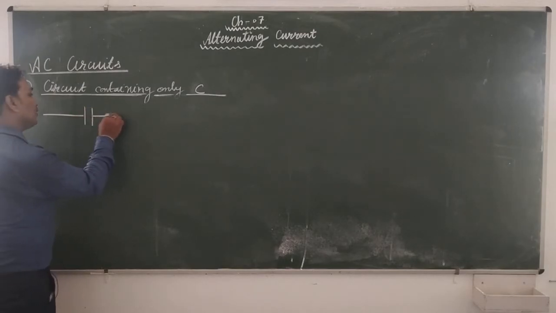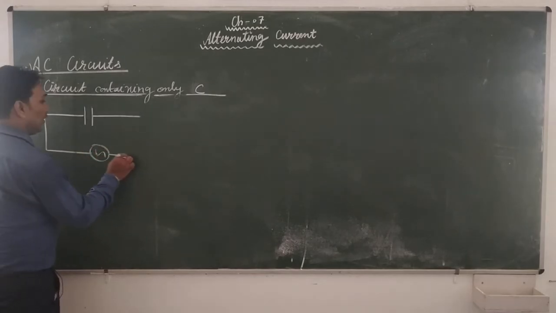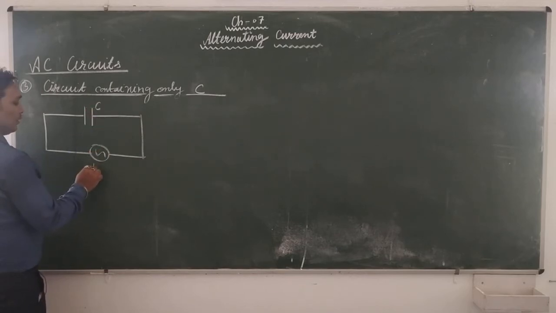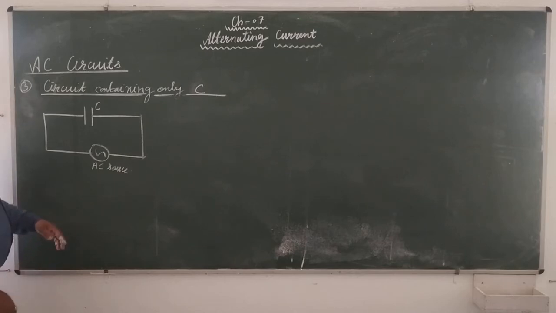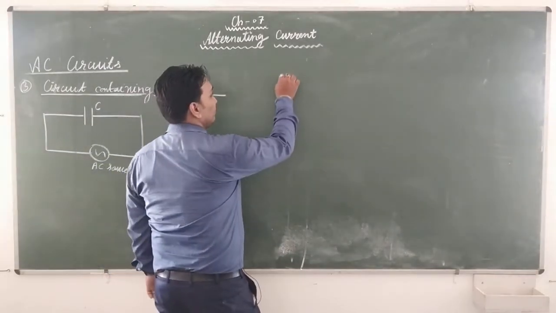One capacitor, then an AC source. So this is your capacitor, this is your AC source. How that AC source works in the case of a capacitor, let us understand.